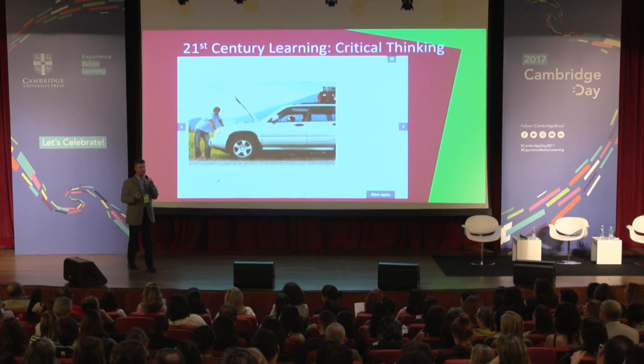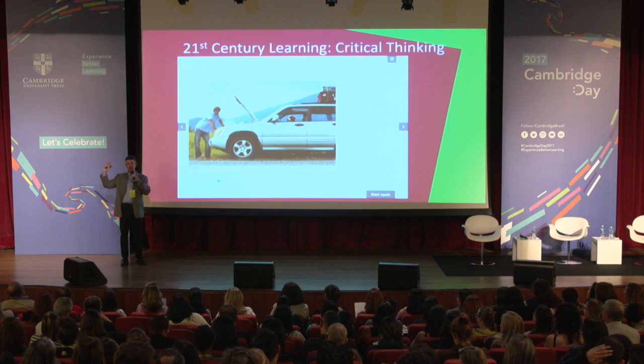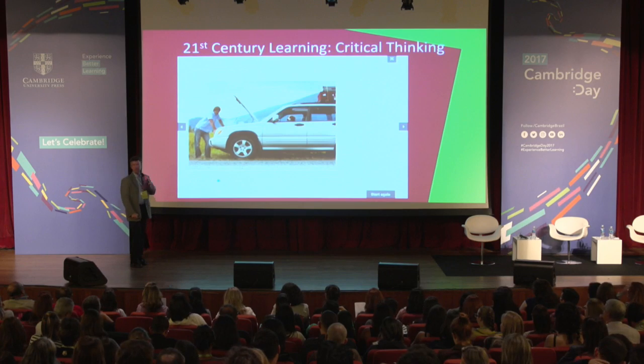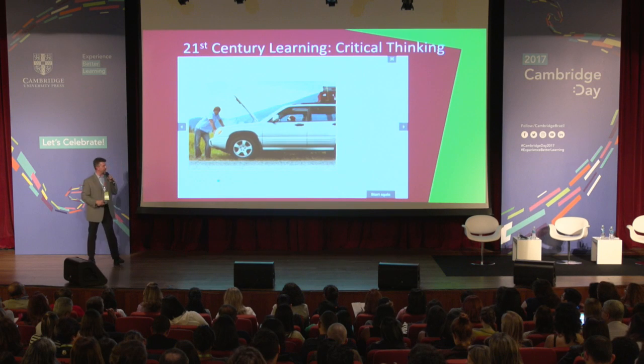Call your father, call a parent, call a friend. Could you maybe stop another car? The best answer I've heard for this picture is, I would let the dog drive. You see the dog? And my answer to that is, maybe that's why the car broke down. Maybe he let the dog drive. There's some funny things happening there as well.